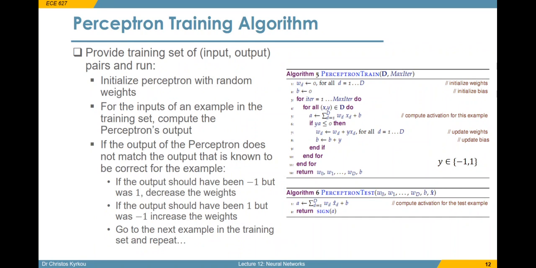And for every data point, we find the response of the classifier. And if that sample is mislabeled, so it has the opposite label than the one that it should, then we update the weight by an amount that is proportional to the value of the sample.